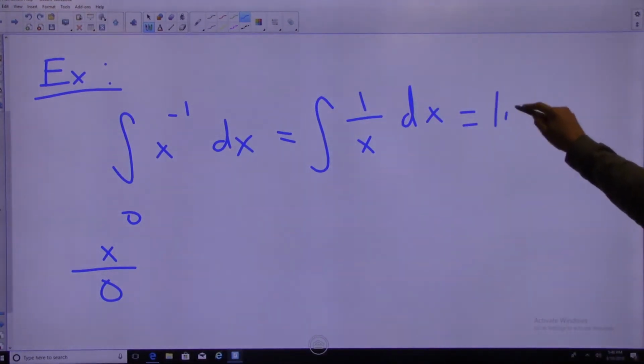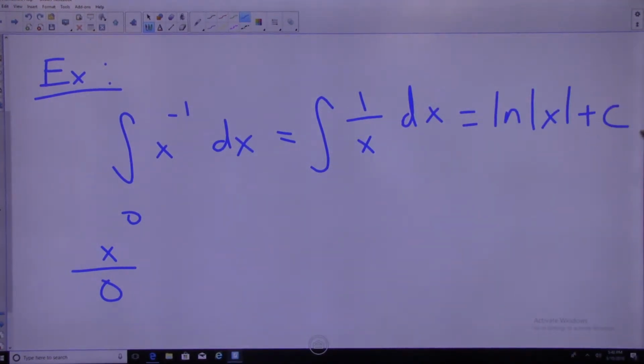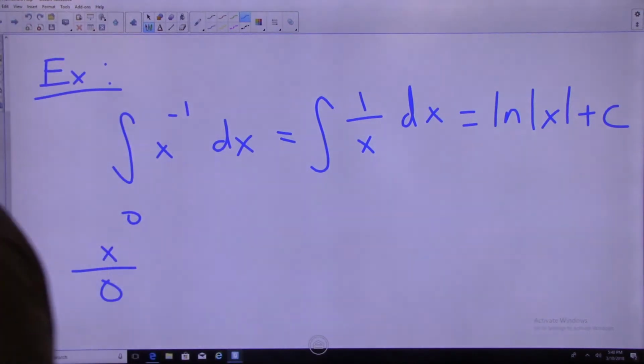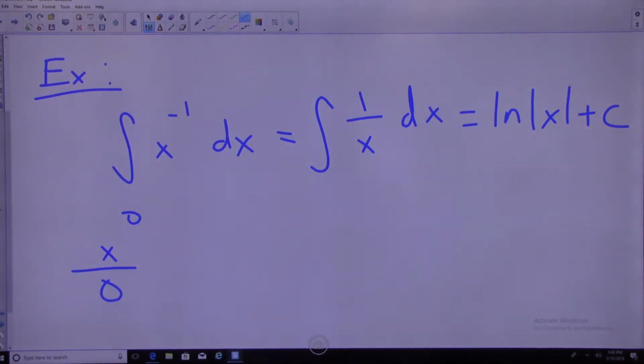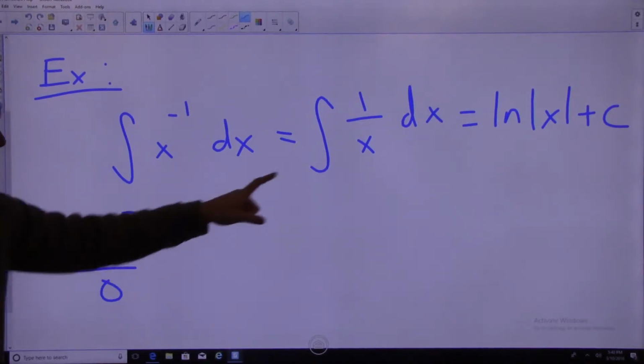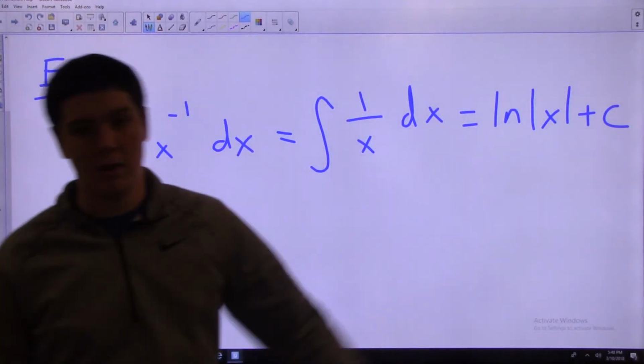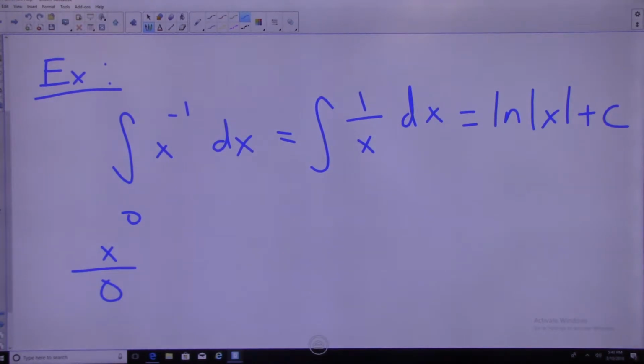So this is ln of the absolute value of x plus c. Now, I'm not going to show you the proof of that. It'll take too long, but that is always going to be the formula we can use. If you ever see this happen, there's the formula you need: ln of the absolute value of x plus c.